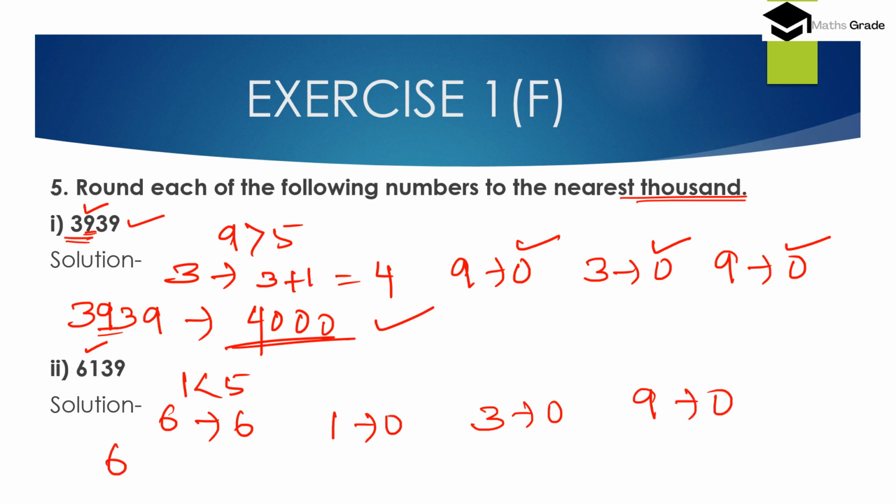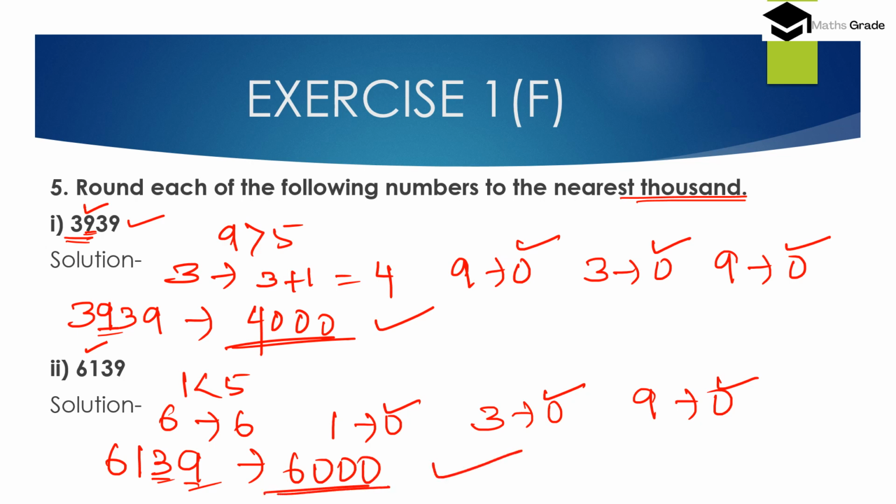So 6139 rounded to the nearest 1000 is 6000.